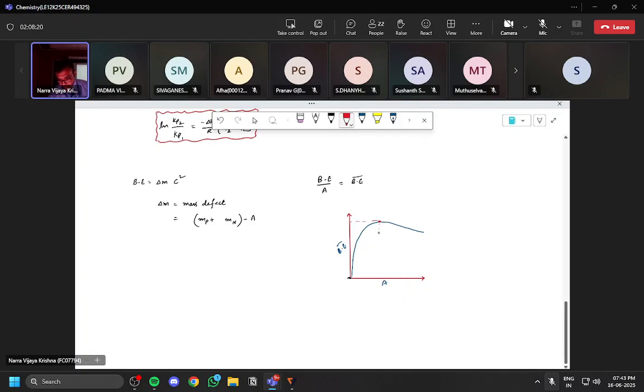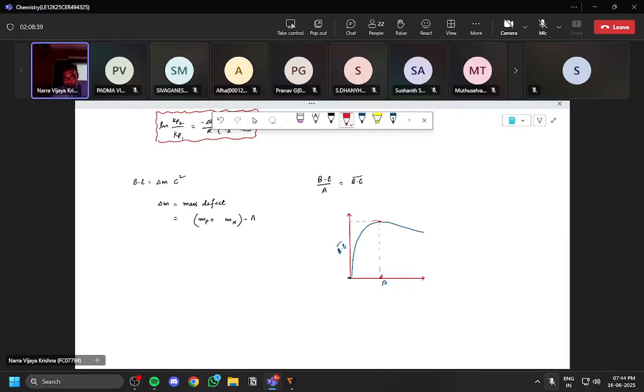For mass numbers close to iron, cobalt, nickel, you will get higher binding energy. Among all nuclei, the most stable is iron theoretically, but practically it is nickel.